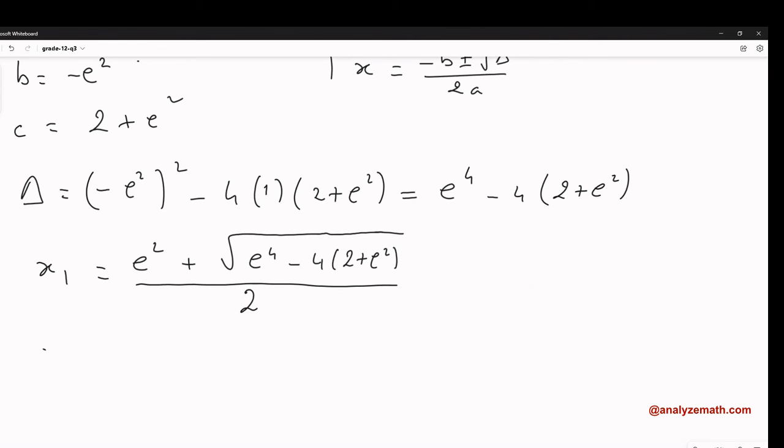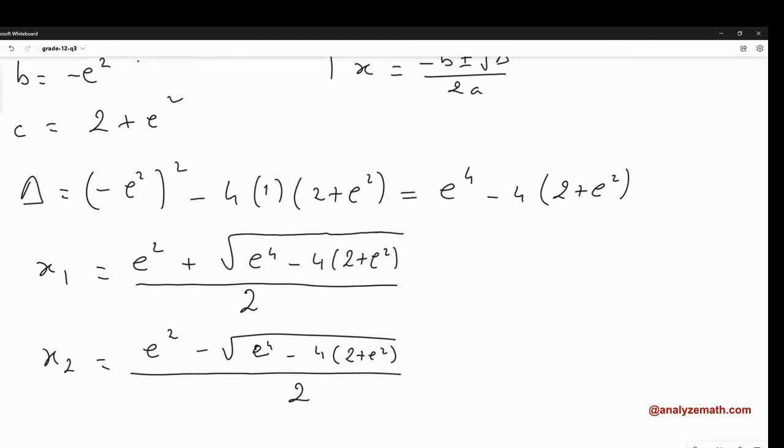The second solution is e² minus the square root of the discriminant, divided by 2. Now remember, the solution has to be bigger than 1. So we need to check this.